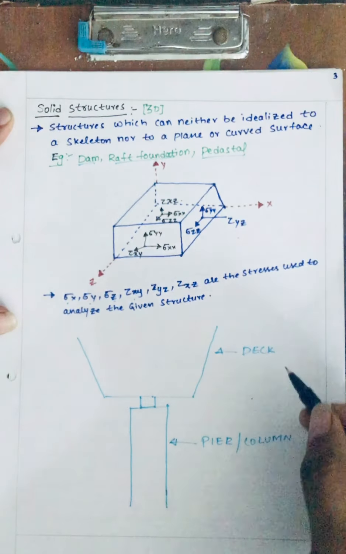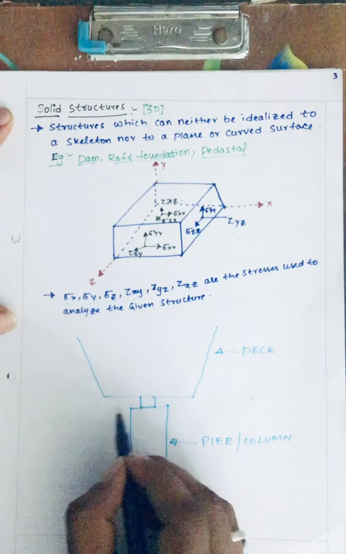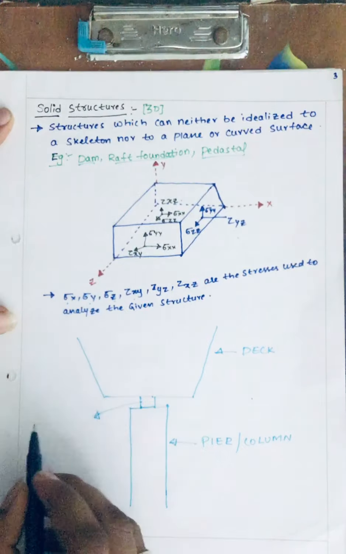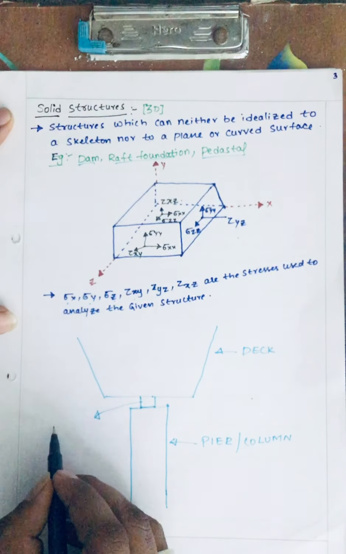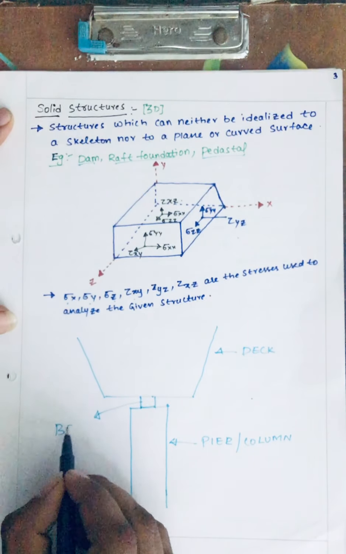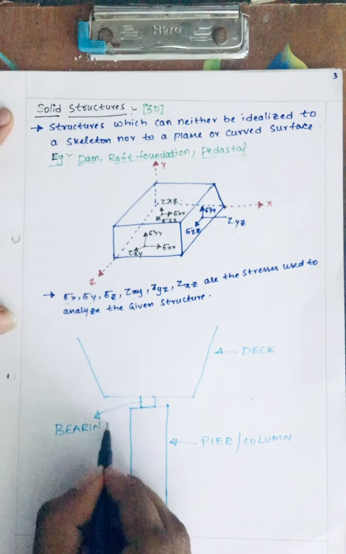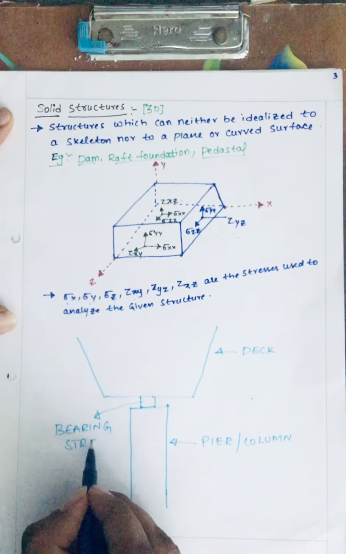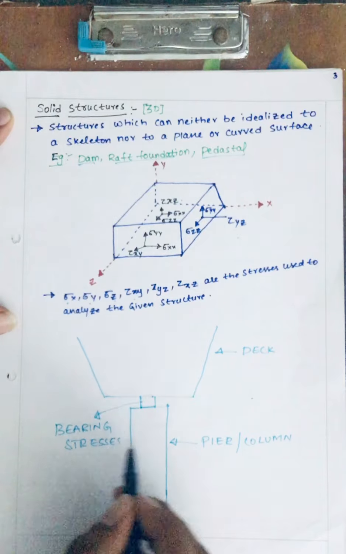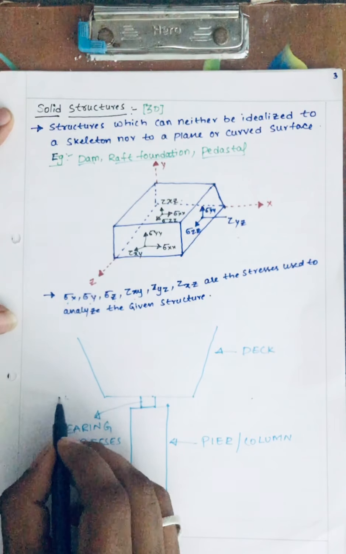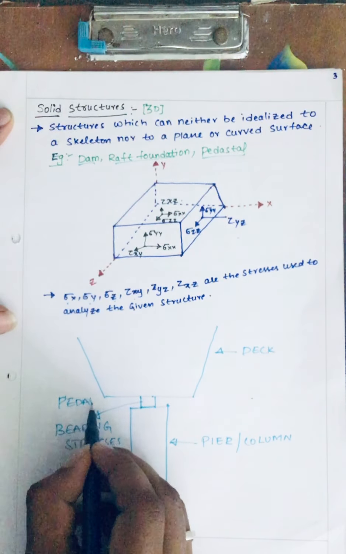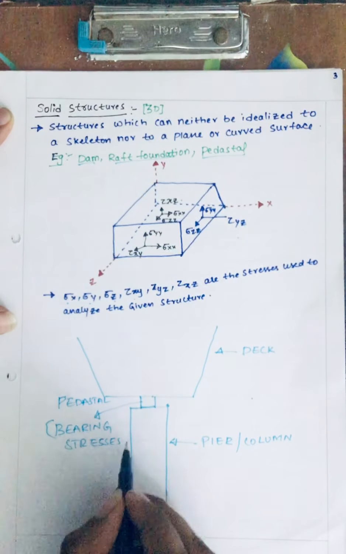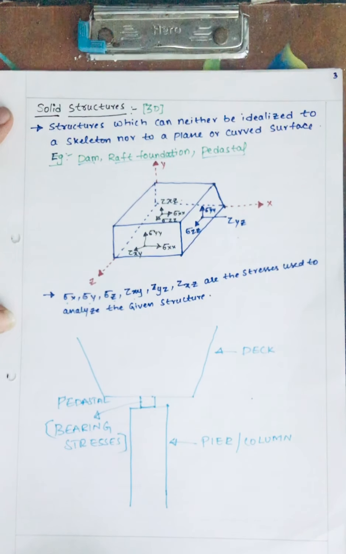To join this deck and the pier, there will be a pedestal in between the two for resisting the bearing stresses. This is known as a pedestal. So this is about solid structures.